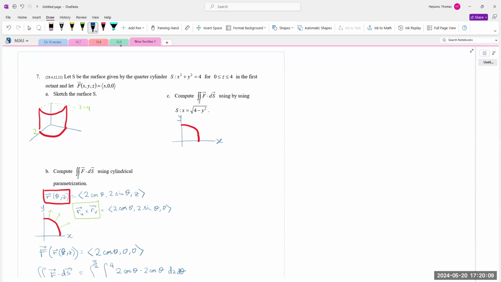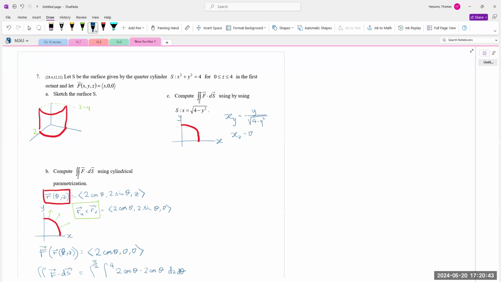We make x a function of y and z. So x sub y will be negative y over square root of 4 minus y squared. x sub z equals 0. So x sub y squared plus x sub z squared plus, do I need to do that? No, I don't think I need to do that.